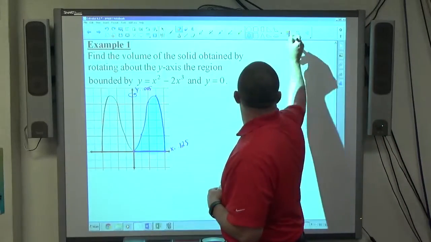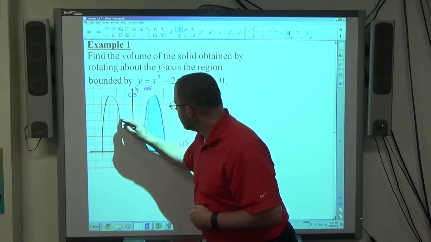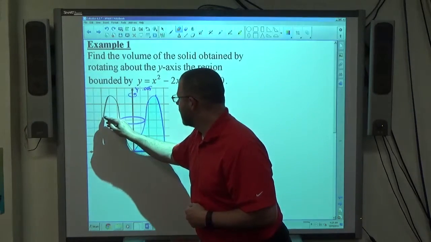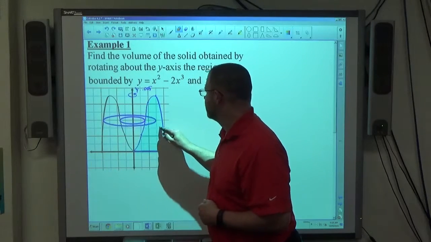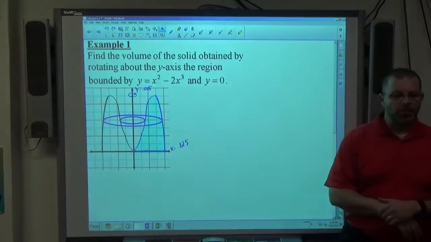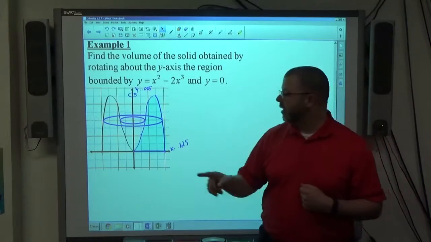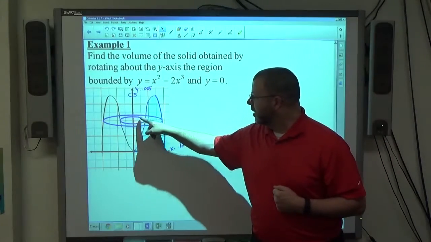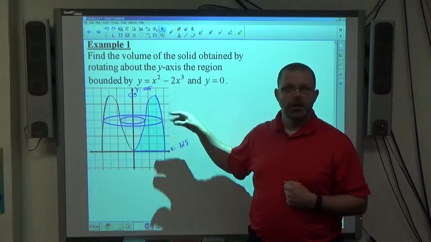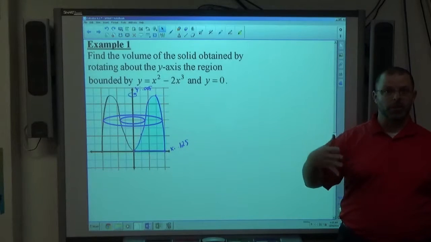If I draw my circles, imagine there's the inner radius and here's the outer radius. The basic question you have to ask yourself is, does the inside radius and the outside radius go to the same curve? If the answer is yes, always use the cylindrical shell method, the one we're using right now.